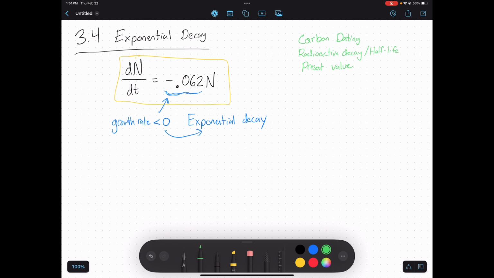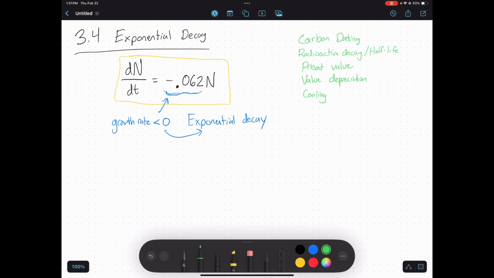Also, if you have any sort of product or any sort of thing that depreciates in value, if it's losing value, a lot of times, like a car, right? A car depreciates in value. A lot of times you model that using an exponential function. Okay. Value depreciation. Cooling objects.